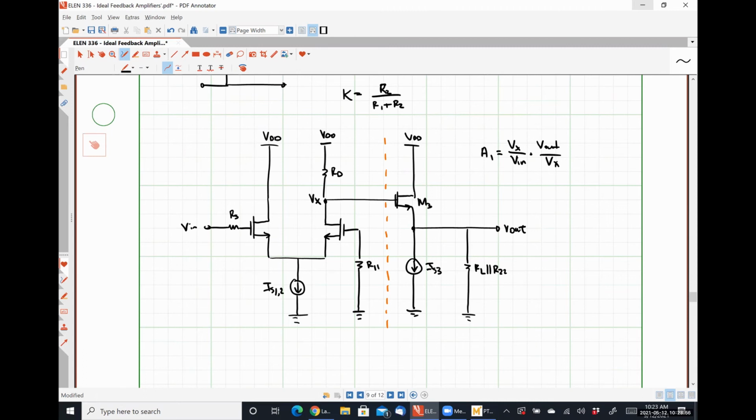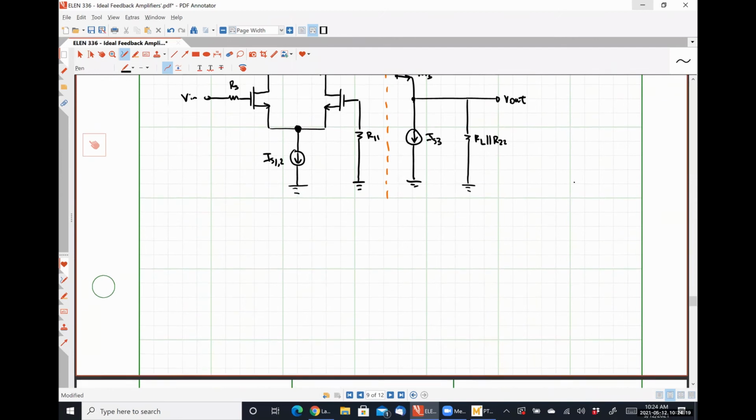So because we don't have a symmetrical circuit, we cannot simply use our half circuit. Another thing that we can't do is say that the voltage at this node right here is 0, because it's only 0 when this is symmetric. So we're going to have to look at our small signal model, all right?